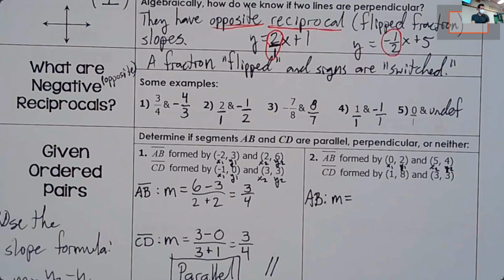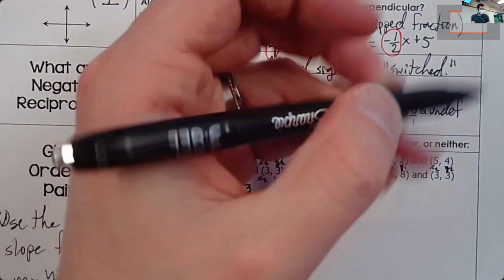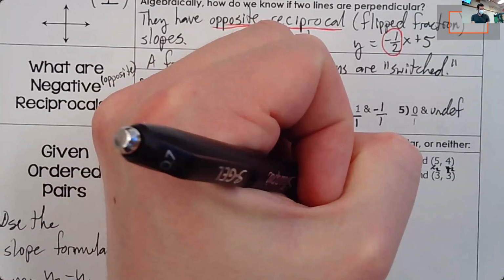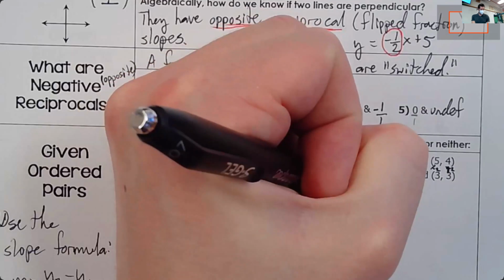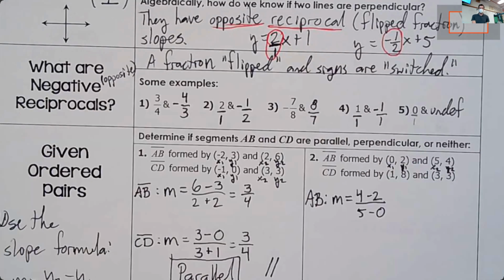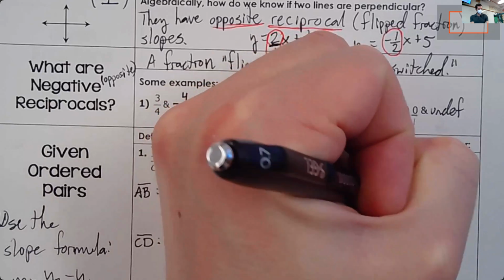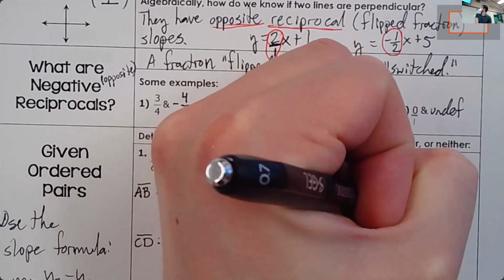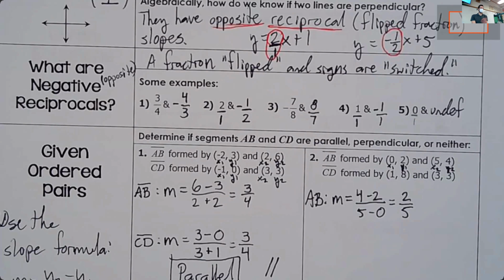So we're starting with y2 on the top, 4, minus y1, 2, over x2, 5, minus x1, 0. From there, we're going to just say equals 4 minus 2 is 2, 5 minus 0 is 5. So our slope of AB is 2 over 5, or 2/5. That's the slope of our first line right there.